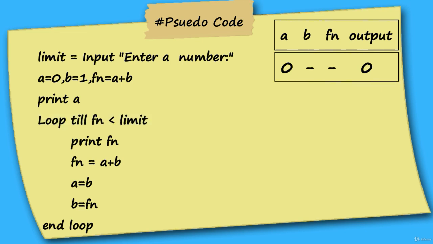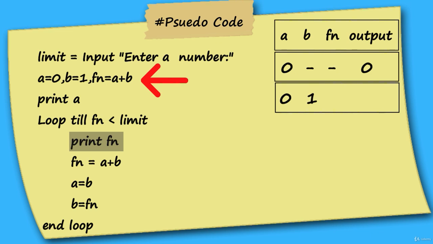The first thing we are doing here is printing the value of fn. Because we have initialized fn is equal to a plus b, that is 0 plus 1, fn will have value 1 only. So that will be the output. So now the output is 0, 1.